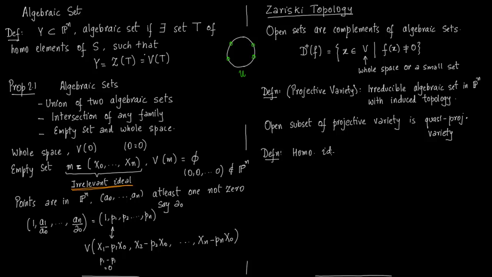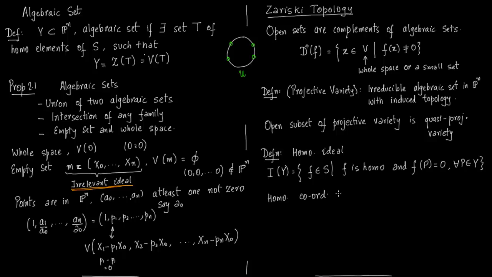For the homogeneous ideal, F belongs to the graded ring S, F is homogeneous, and F vanishes on all points of the set Y. So this is the homogeneous ideal associated with the algebraic set: just a bunch of polynomials which vanish on that algebraic set.